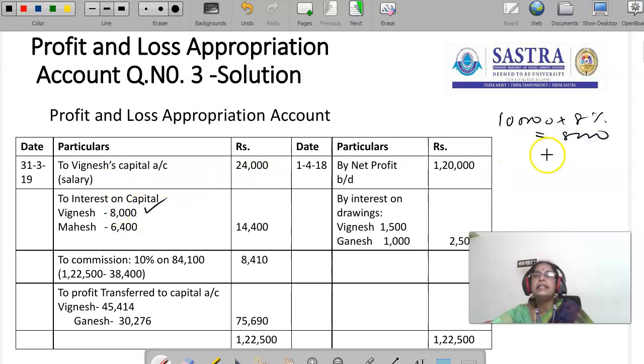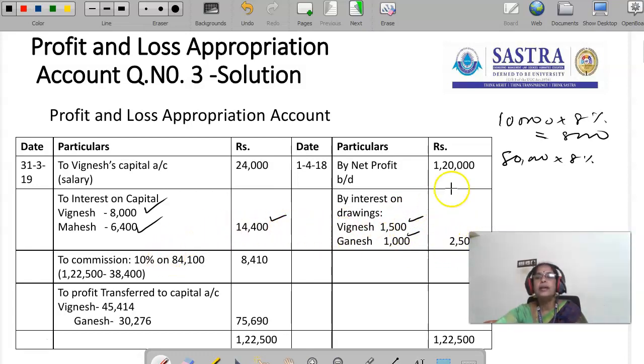Then Ganesh invested 80,000 rupees. So 80,000 into 8% is 6,400 rupees. So the total interest on capital is 14,400. Then the interest on drawing is directly given, that is 1,500 and 1,000, 2,500.